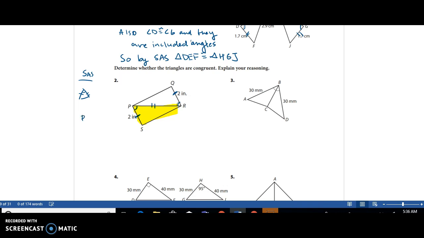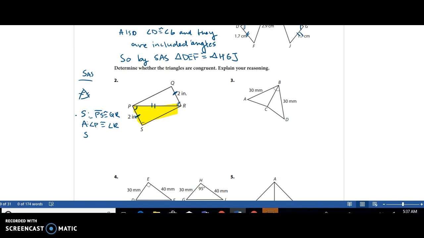So we can set it up the way that we did ASA. So we're going to say SAS: the side PS is congruent to QR. The angle P is congruent to angle R. And remember that angle that you choose, it has to be an included angle.